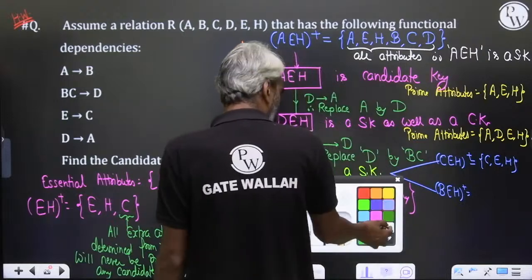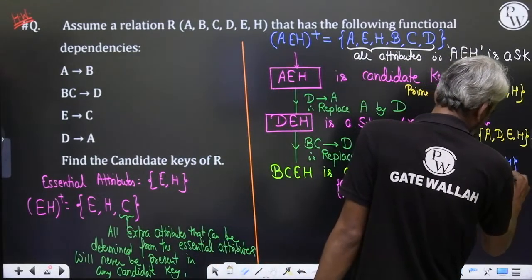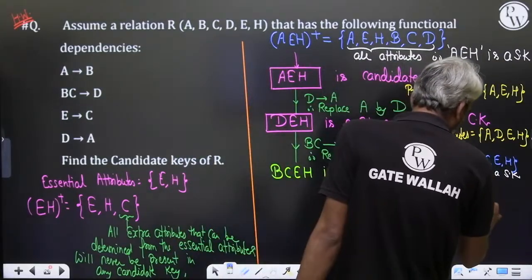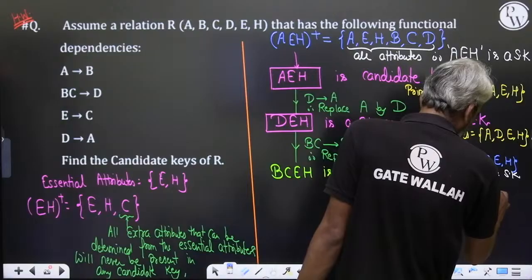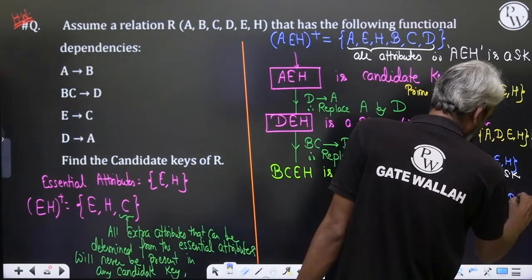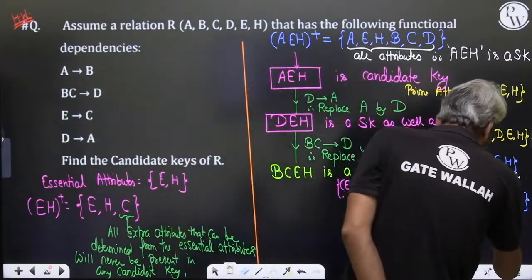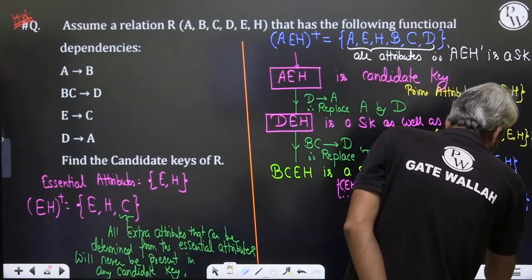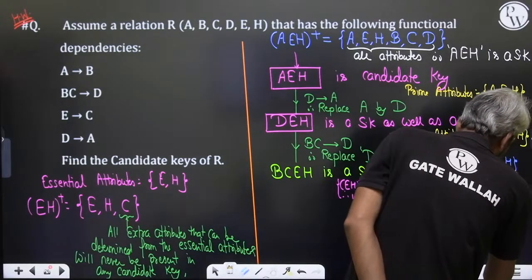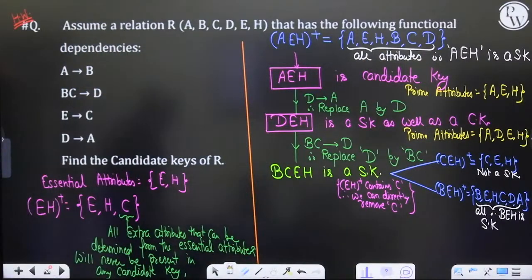That is not a super key. But BEH closure will contain B, E, H, from E, C, from B, C, D, from D, A, all attributes. BEH is the super key.